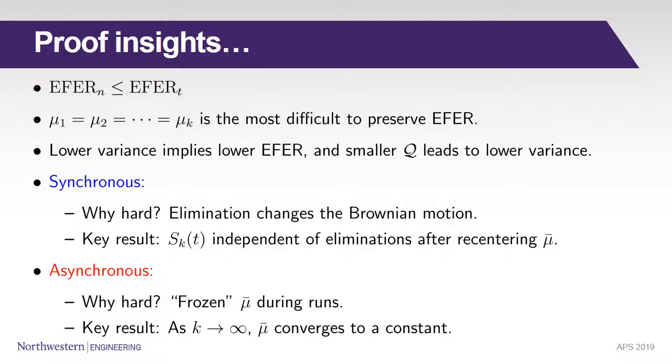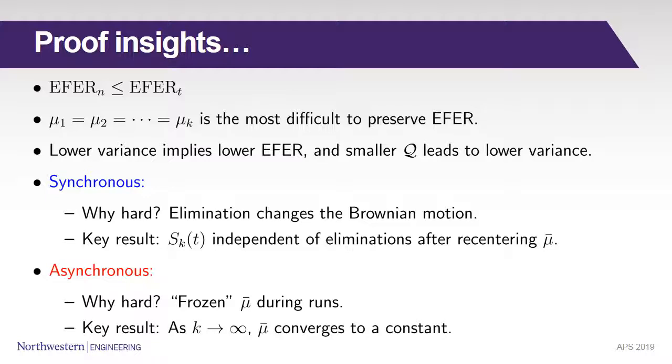Now the proofs of these results are long and tedious, but I want to give some idea of how they work. First of all, there's the obvious insight that when we actually look at a discrete time process, the expected false elimination rate is less than or equal to what it would be for the continuous time Brownian motion process, because there are just fewer chances to make a mistake.